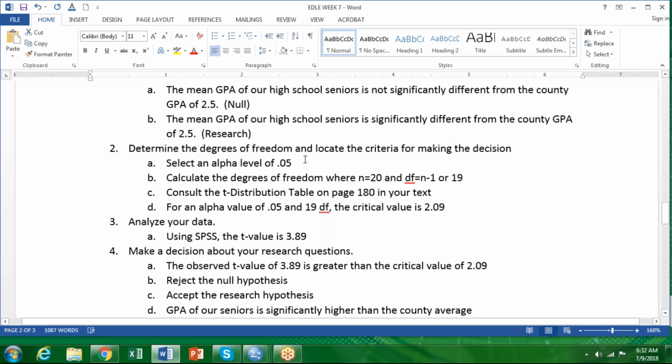And so we go to the back of our book on page 180, and we look at that and we say, okay, we have a significance level of 0.05, and we have 19 degrees of freedom. Then what is going to be our critical value? And we look at our table and it tells us our critical value is 2.09. In a minute, we're going to look at the video and analyze the data.